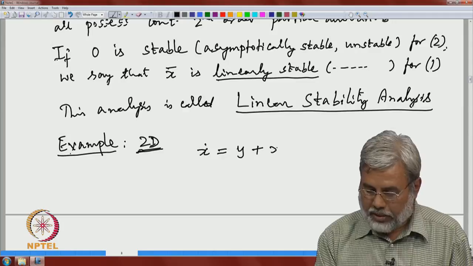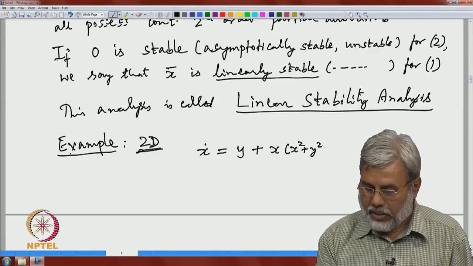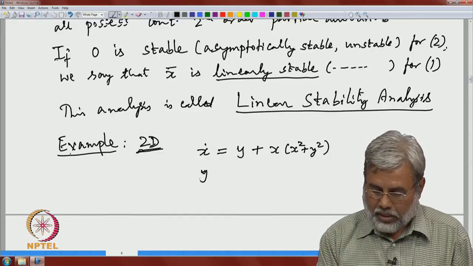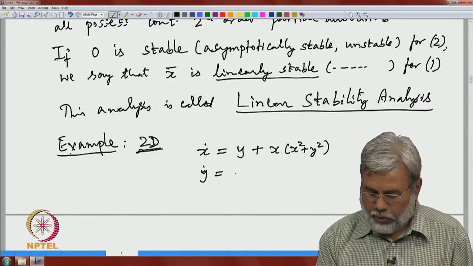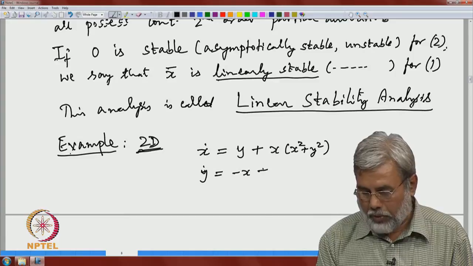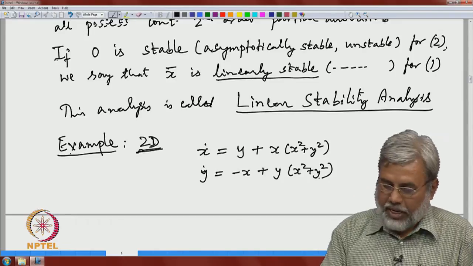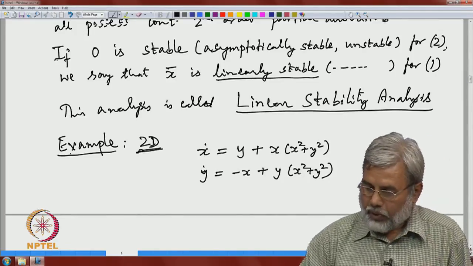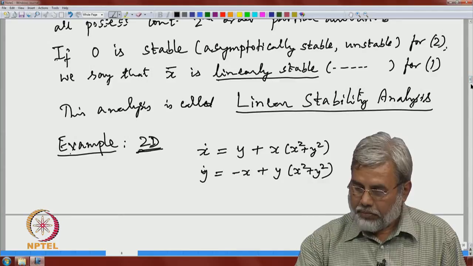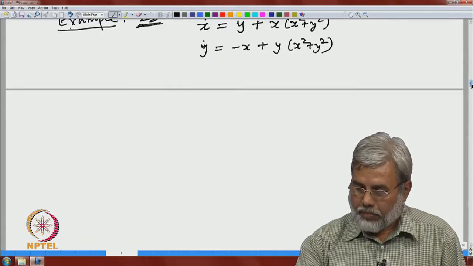Plus x square plus y square. There are some good cases, as we go along we will mention those things. So, this is a very standard 2D example.